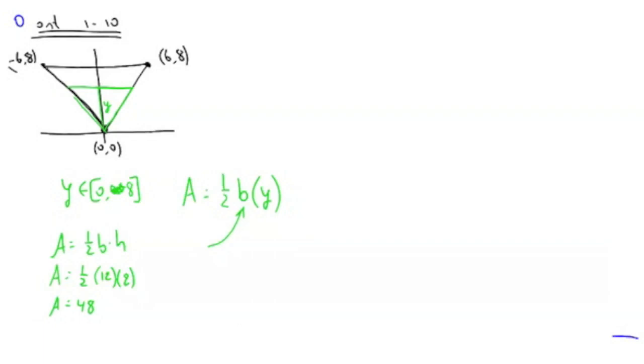The y will be how high up, the x will be how far over. So how do I find the equation of that line? Point slope. What's the slope? 8 over 6, which reduces to 4/3.